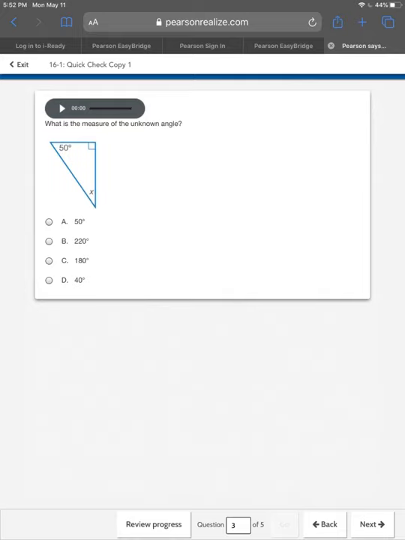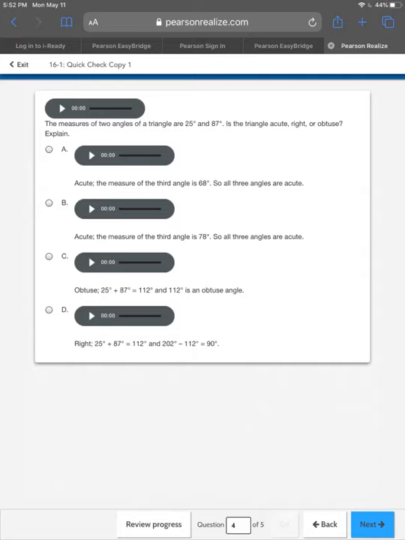On Wednesday, we're going to go over any questions on the quick check, as well as do some practice together as a class. You get done with the lesson Wednesday, you finish up your Buddy practice. Thursday, you work on your quick check, and then you're done for the week.